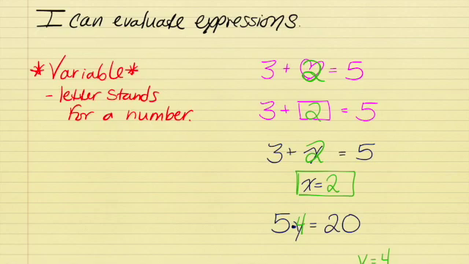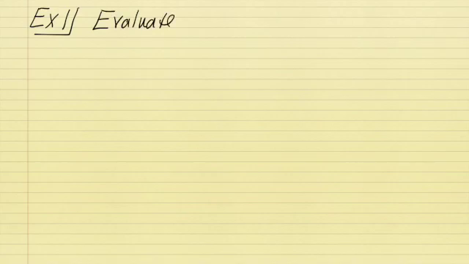All right, so let's talk about what this looks like in our skill today. Evaluating expressions. The direction for a problem like this is going to say evaluate for, and then it's going to say the letter x equals 10.